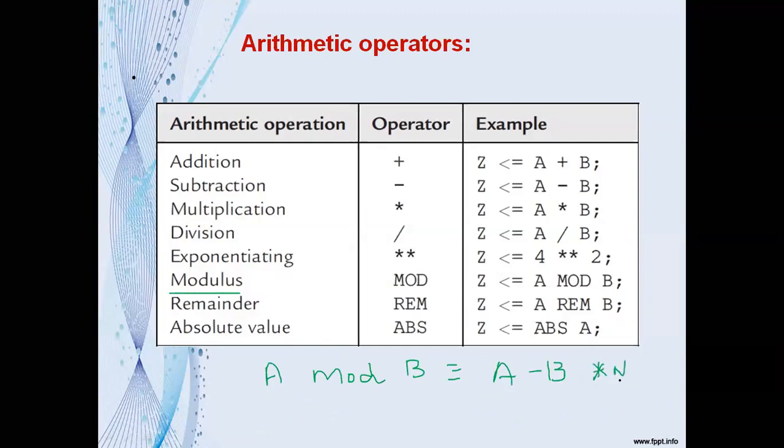What is n? n is an integer, which can be determined from A by B. So how do we get this integer value n? The n integer value can be obtained from A by B.